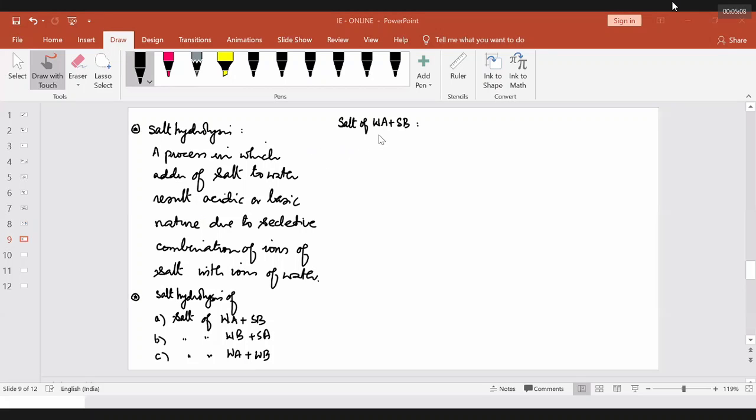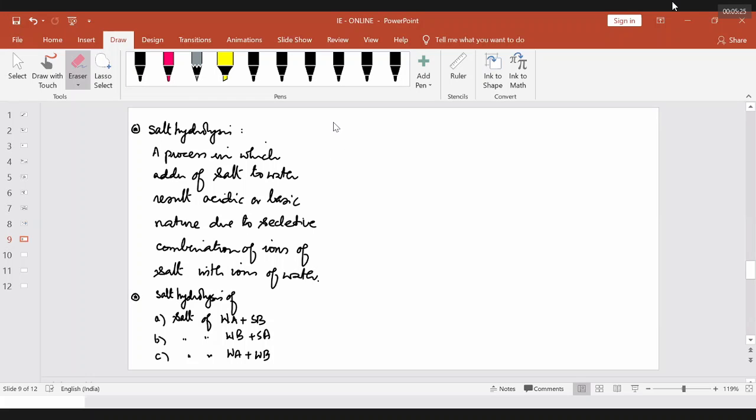Come on, now try to understand the meaning of hydrolysis of salt of weak acid and strong base. For this purpose, let us try to understand the steps which we have to teach as a teacher and the steps which you have to learn when you are doing study hours.